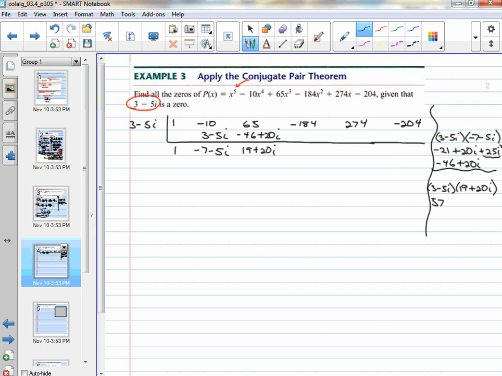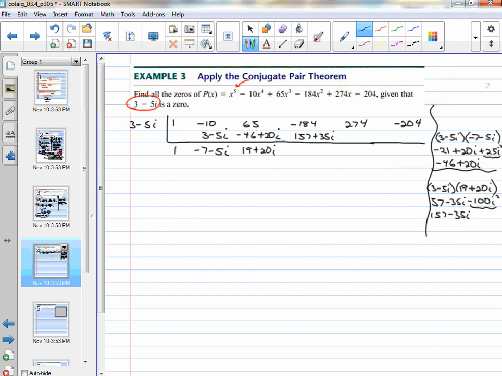So I have 60 minus 95, negative 35i. Now my last term, that'd be a negative 100i squared, which really is positive 100. So 57 plus that 100 gives me 157 minus 35i. I multiply these together, I get 157 minus 35i.